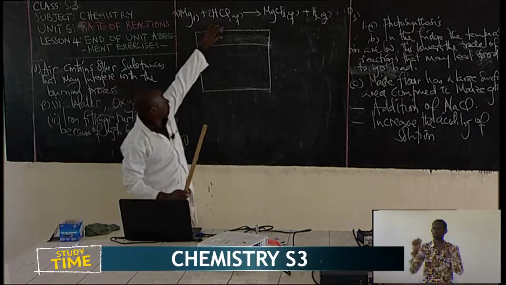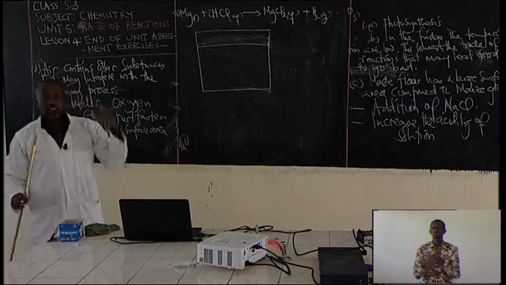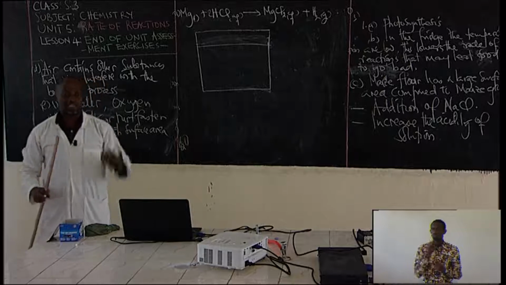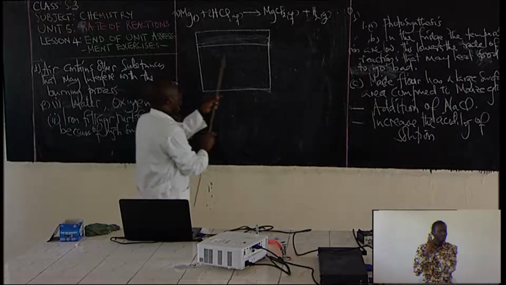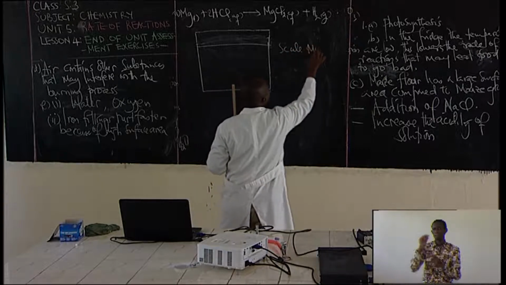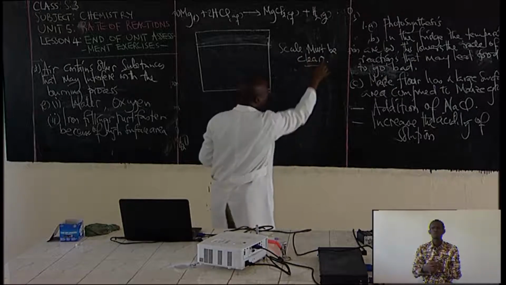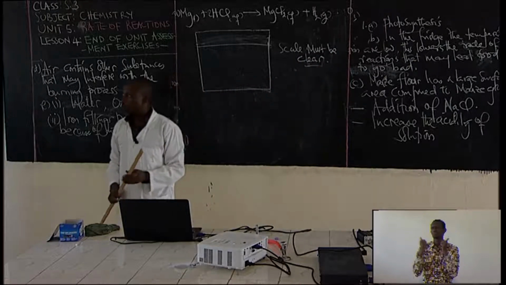That's just an approximate. And then you have to use a scale that is very clear. 3/4 of the graph, and then the scale must be clear. That is what we are looking at.